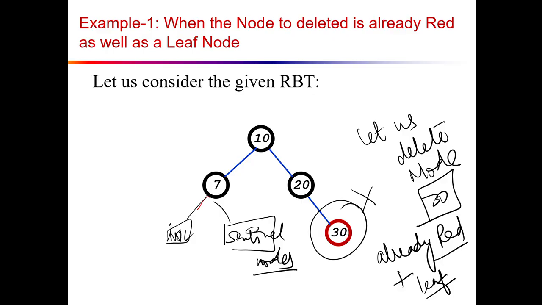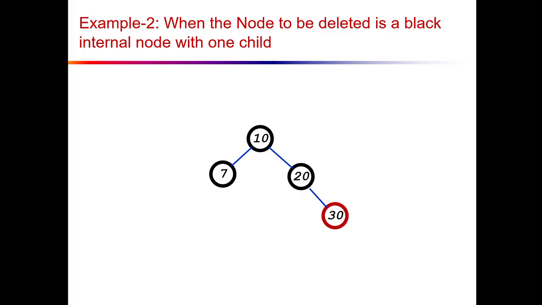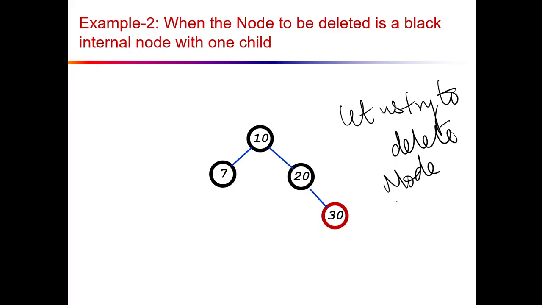Let us consider case number 2, when the node to be deleted is a black internal node with one child. So let us try to delete the internal node that is black in color, 20. What will happen in this particular case when I want to delete node 20?